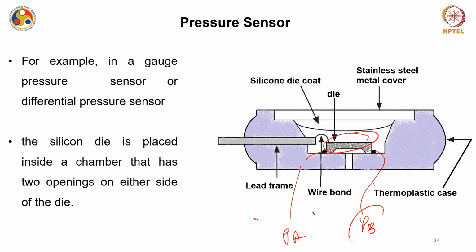If it is a gauge pressure sensor, PB will act just as a reference, but you of course require a PB. In the case of the absolute pressure sensor, you do not require these two, but you require a reference vacuum chamber, and depending on what kind of device you have and what size is allowed, your chamber can be internal or external.